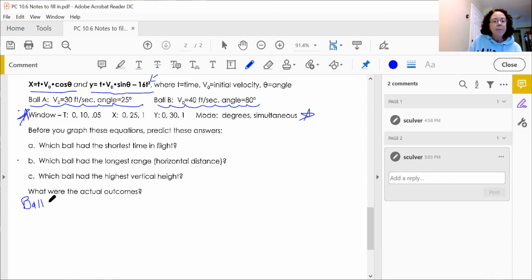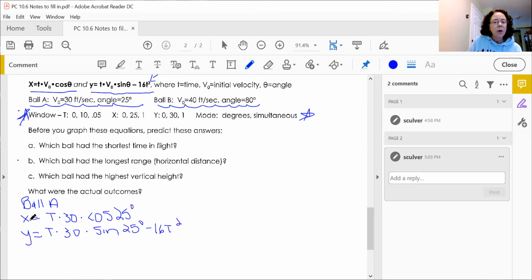For ball A, we will have X equals T times an initial velocity of 30 times cosine of 25. For Y, we will have T times 30 times sine of 25 degrees minus 16t squared.